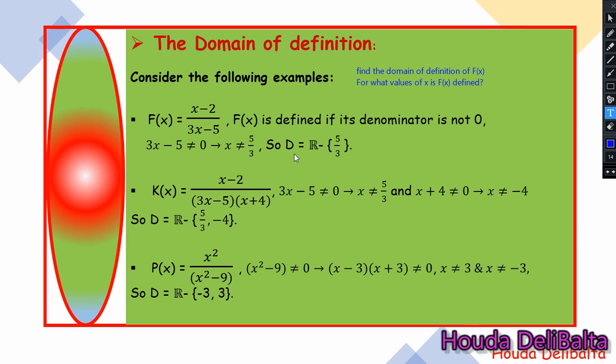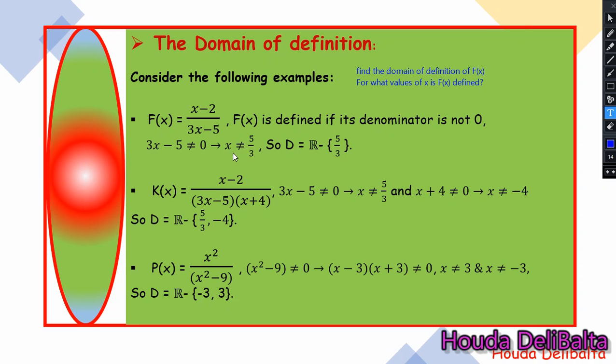That's why we write D, which means the domain of definition, is equal to R, the set of all real numbers except 5 over 3. Because when I replace x by 5 over 3, I will cancel 3 by 3 and I will get 5 minus 5, which is 0, and thus the denominator is 0, and by this the fraction is undefined.